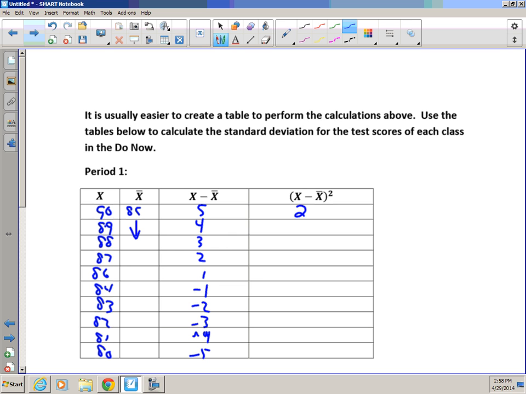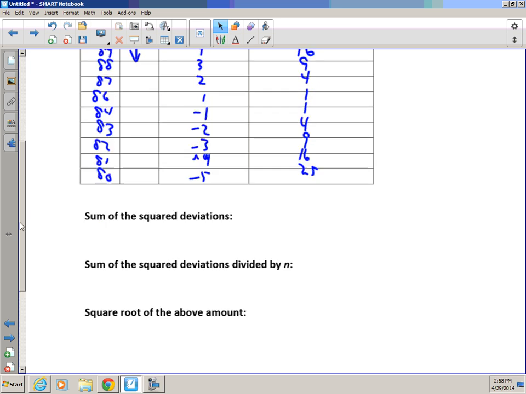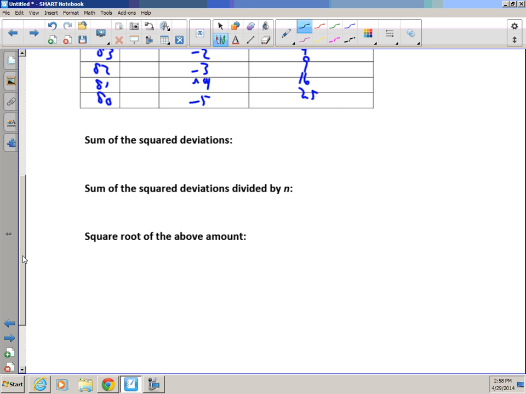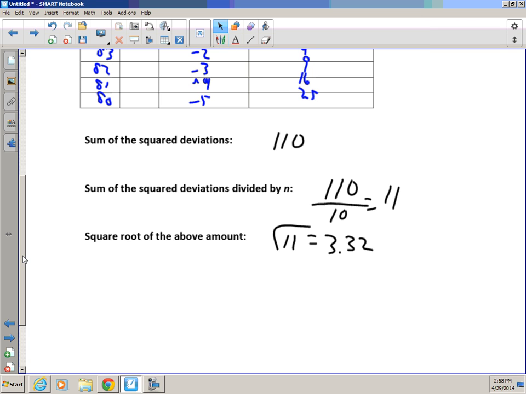And then square each number. When I sum all of this up, I get 110. Since it's the entire population, I divide it by 10 and get 11. And then the square root of 11 is 3.32. And we can verify this on the calculator.